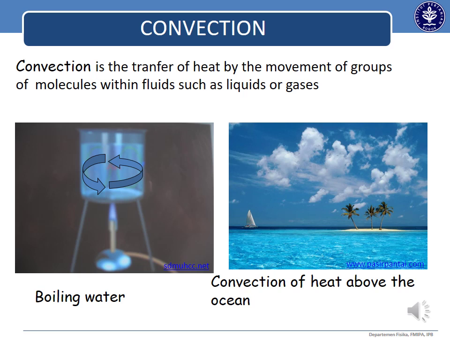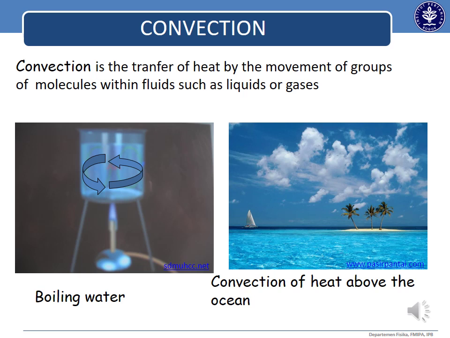Convection is the transfer of heat by the movement of groups of molecules within fluids such as liquids or gases. So in convection, there is a movement of the medium. This is in contrast to conduction, where the medium is not moving. An example of convection is boiling water.